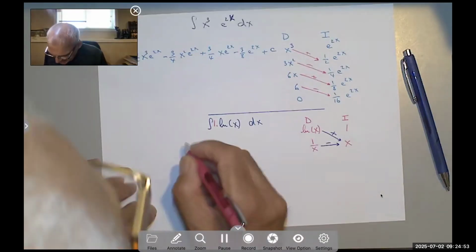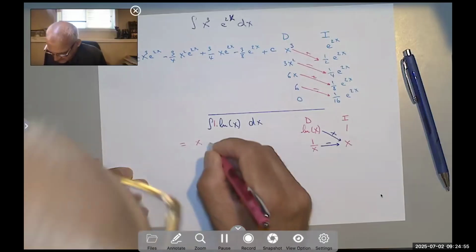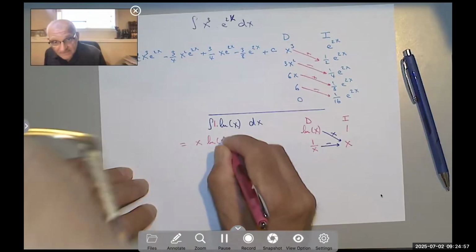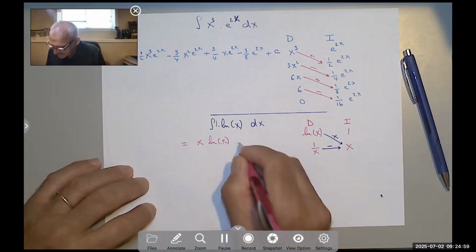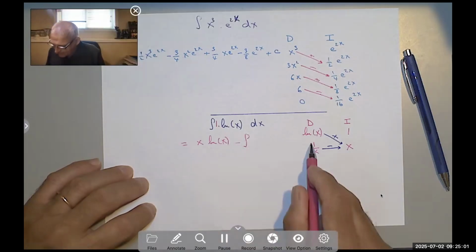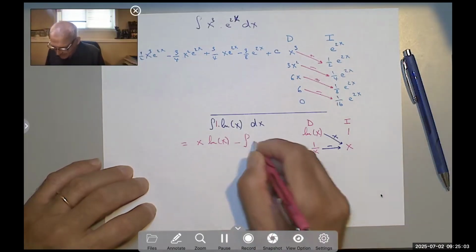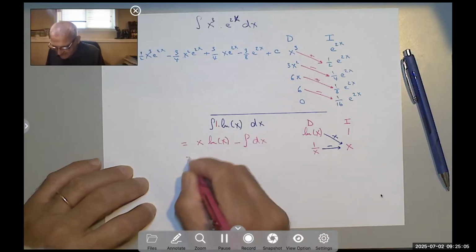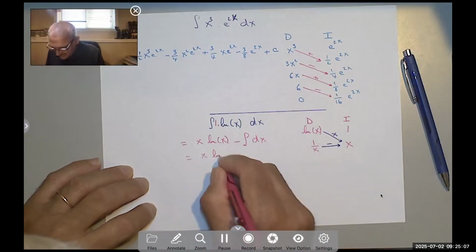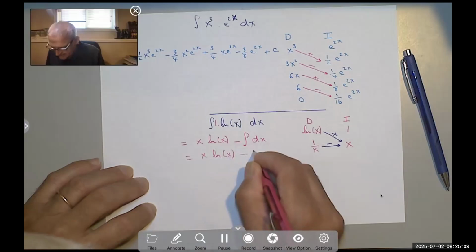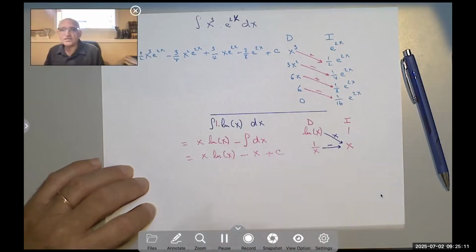So I get the answer equals x natural log of x minus the integral of 1 over x times x, which is 1, so minus the integral of dx. So the answer is x natural log of x minus x plus a constant.